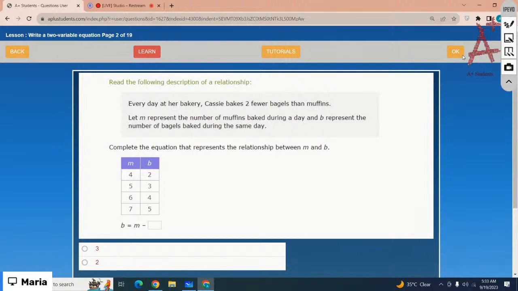The correct option is, you can see in the description, Cassie bakes two fewer bagels, right? So that means it is B equals M minus 2. Also 4 minus 2 is 2, 5 minus 2 is 3. So that would be 2.